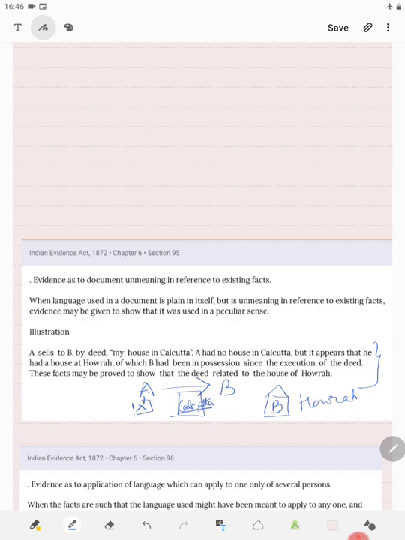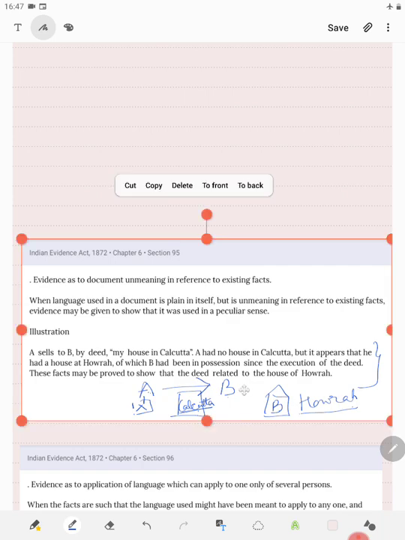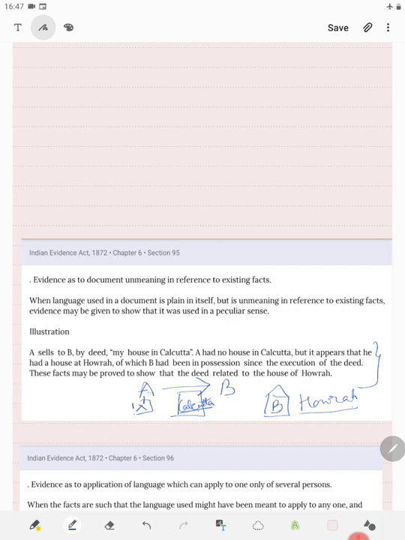So it is unmeaning. But when we see the facts that A has got a house at Howrah and B is in possession of it, and Calcutta and Howrah are almost the same in the local language, Calcutta here actually means Howrah. That evidence can be allowed to be given.